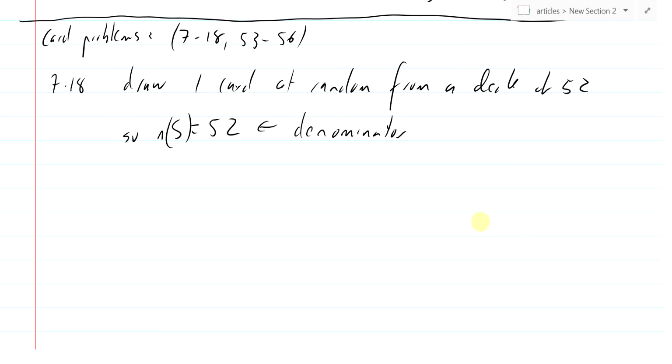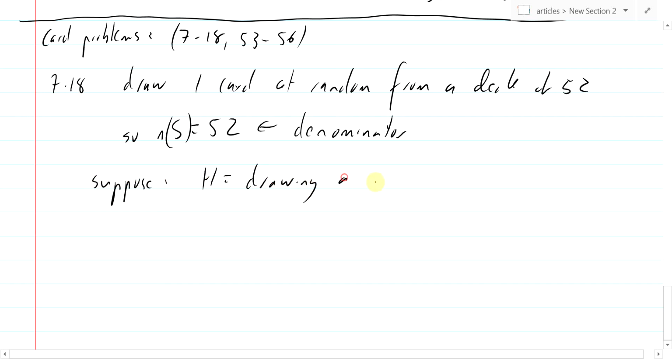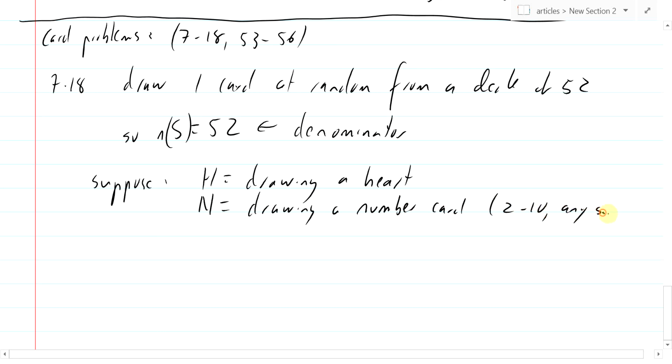Okay, so suppose we have 2 events. H, drawing a heart, and there are 13 hearts. And N is drawing a number card, and so this would be 2 through 10 of any suit.